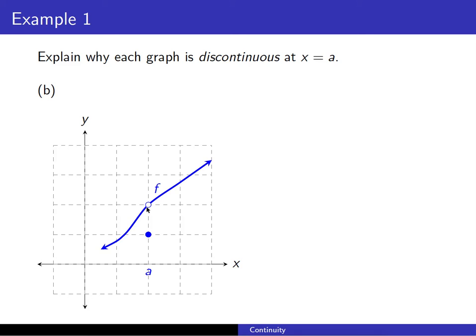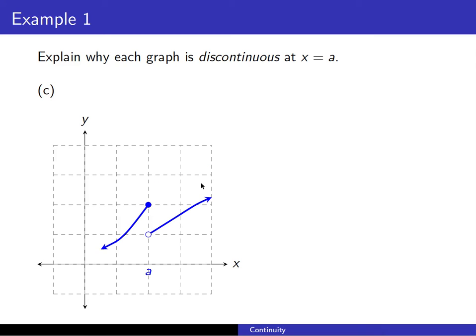So the limit as x approaches a from the left and from the right is 2, and the left and right limits are equal. However, while they're defined and they're equal, they don't equal the value of the function at that point.